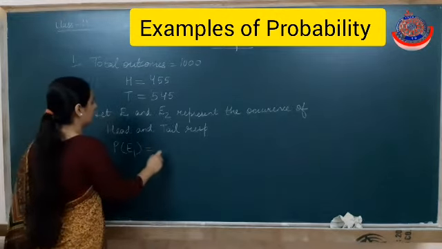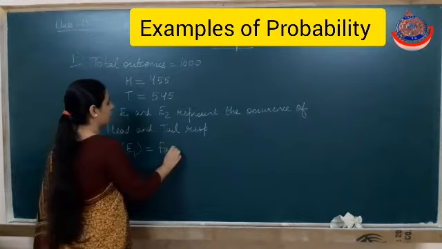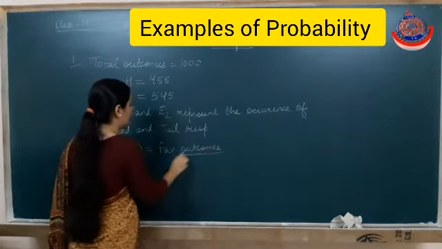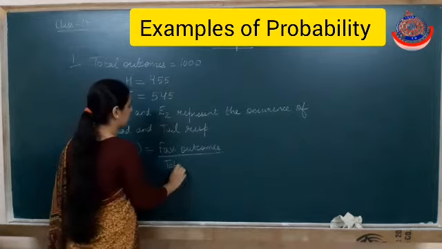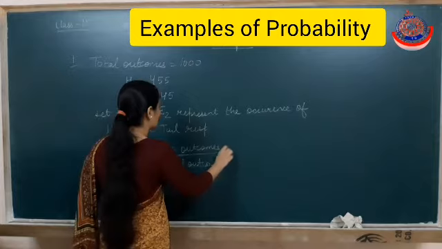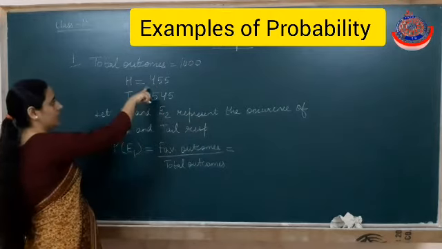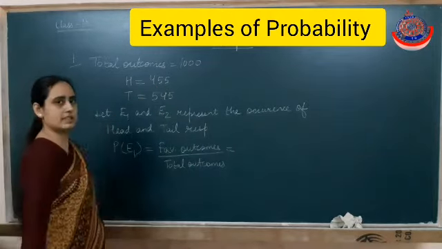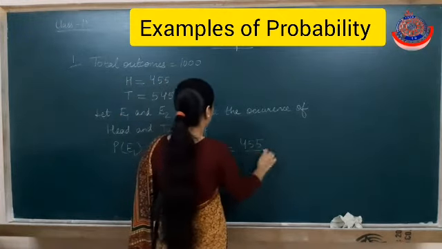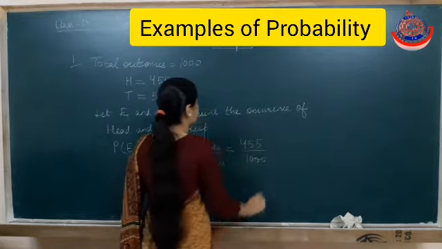Now we know what is the formula? Favorable outcomes upon total outcomes. Fine. So in case of E1, what is the favorable? That means head comes these many times. So it will be 455 upon 1000.